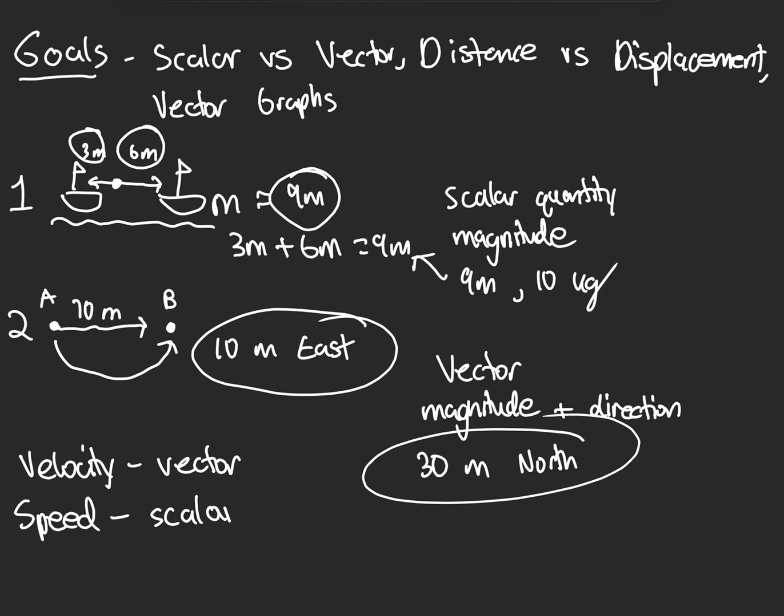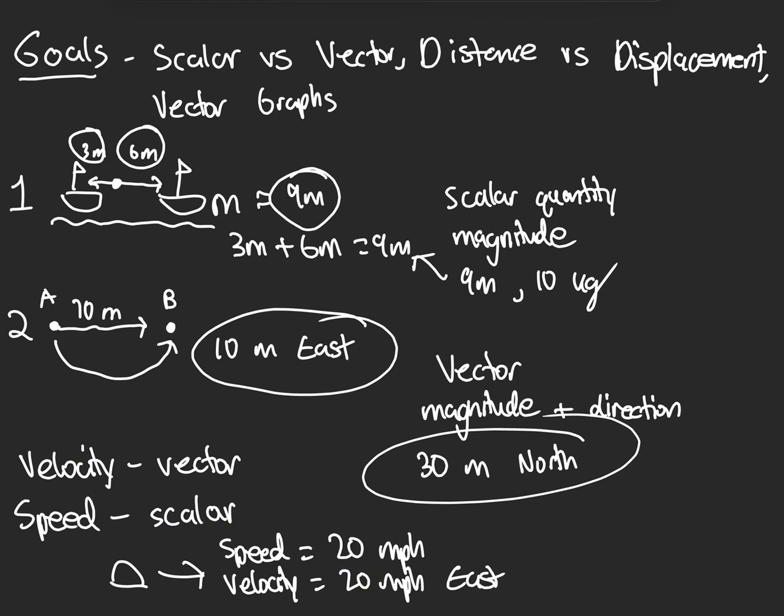So for example, if I were to say there was a car, right? It was moving this way, so it's moving east. For that, the speed would be, let's just say, 20 miles per hour, right? 20 miles per hour. However, the velocity would be 20 miles per hour east.